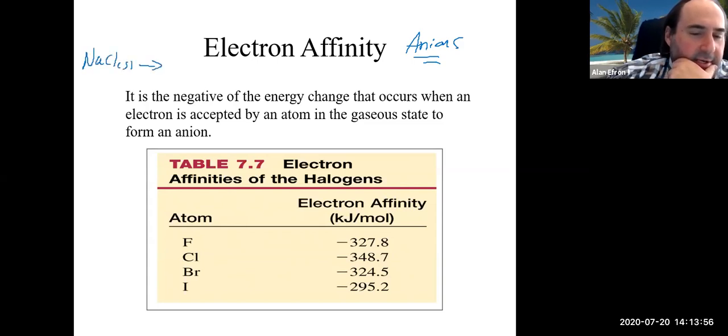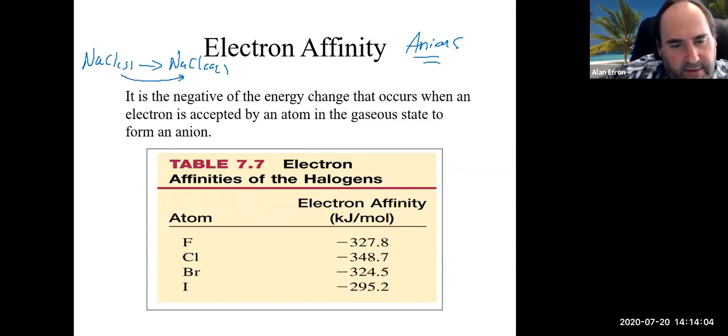One thing that you may remember is, for example, sometimes when we think about something like sodium chloride, which is solid, and we dissolve it in water, we think about that process as a one-step process where it just goes this way. And perhaps you may remember from 1A, if you talked about it, that there's actually a step that occurs before that where these become ions in the gas phase. And then they get hydrated with the water.